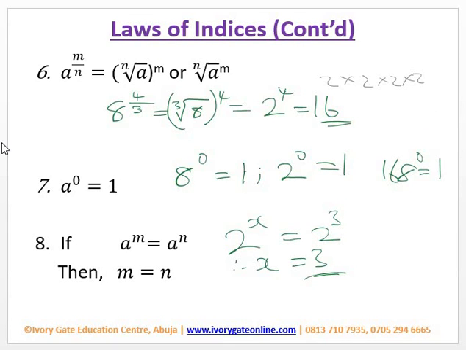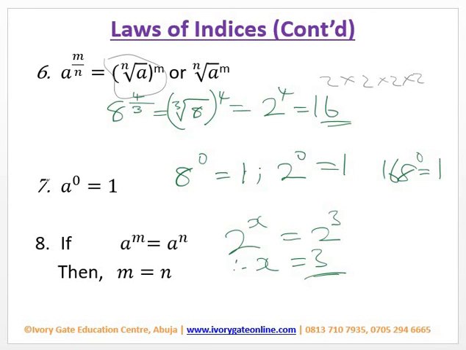Then the sixth one is just taking the fifth one further. A raised to power m over n gives us the nth root of a, all raised to power m, or the nth root of a raised to power m. But we've already emphasized that the first one is always simpler.